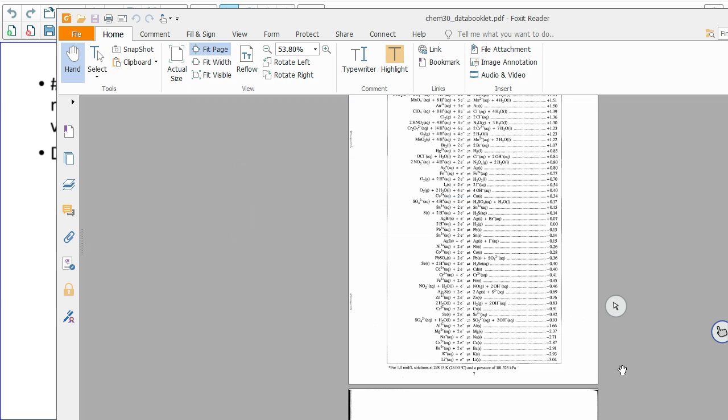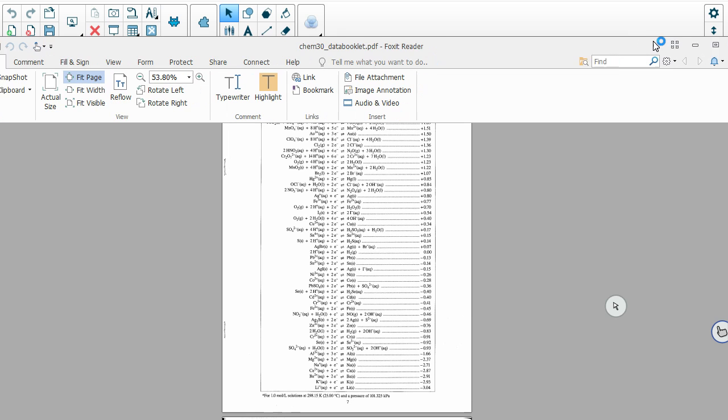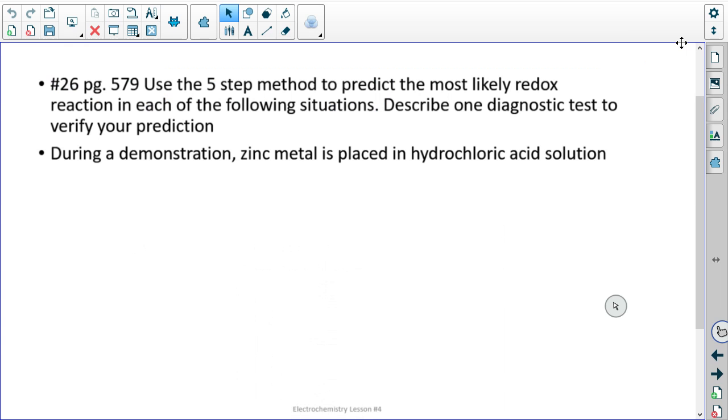Okay, so when you have the redox reaction table, you need everything present on that side of the reaction for a reaction to take place.